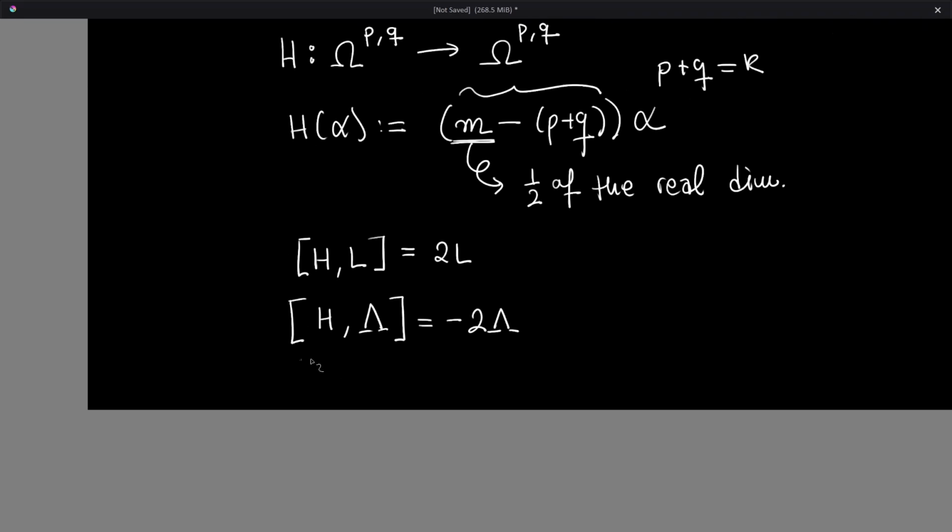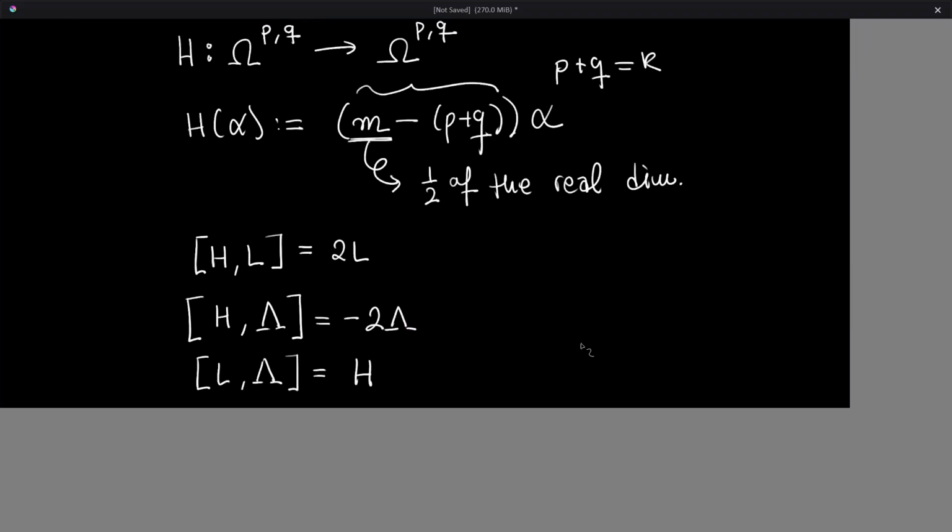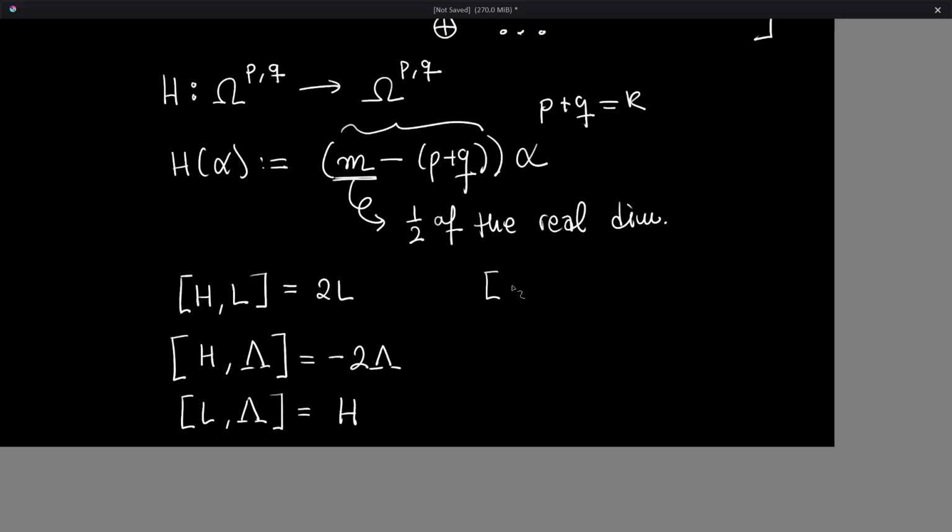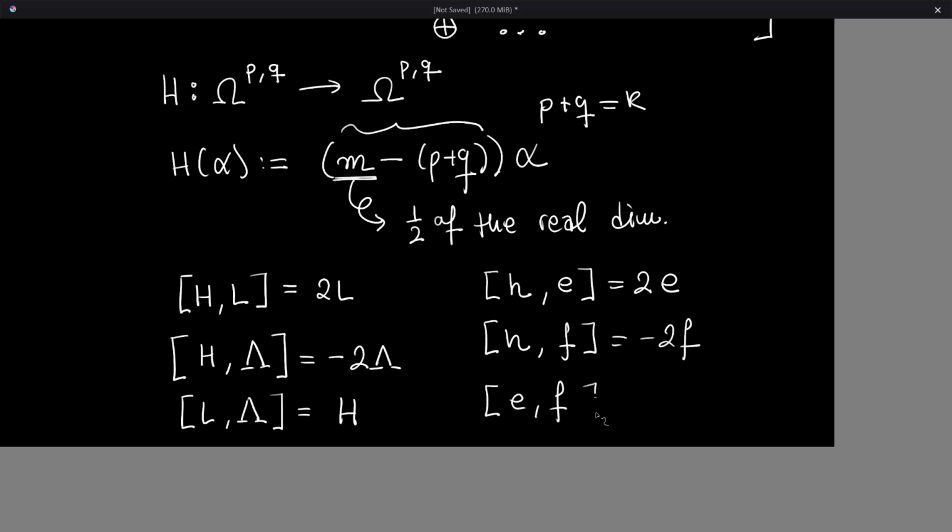And then [L, Λ] is equal to H. Now, this is eerily similar and in fact isomorphic to the SL2C Lie algebra. So this is the same thing as [H, E] equals 2E, [H, F] equals minus 2F, and [E, F] equals H.